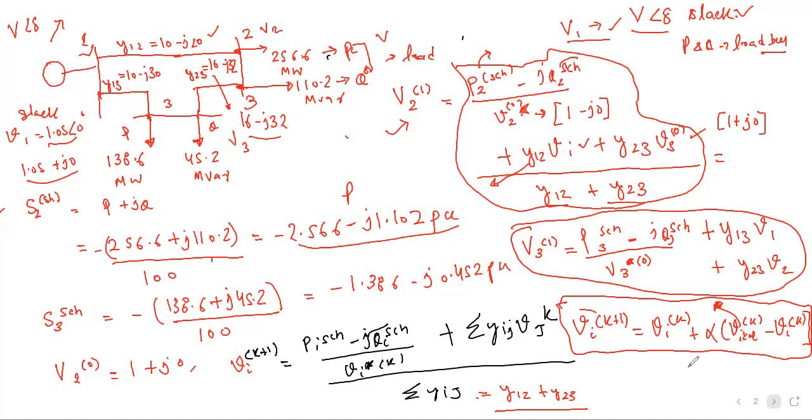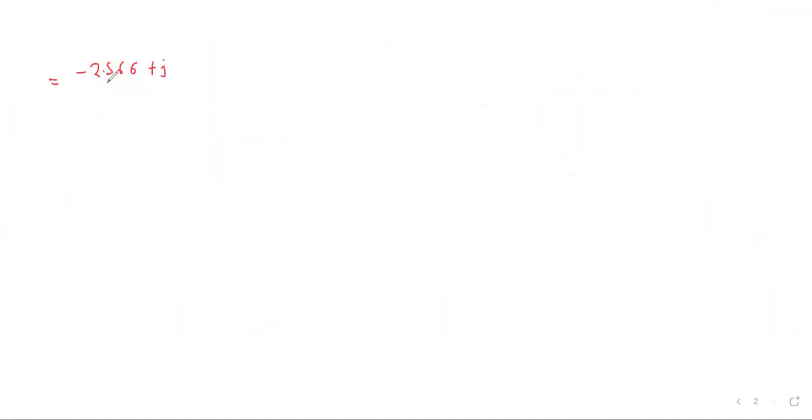I've written those, sir. Okay, so directly you will put in those equations minus 2.566, 1.102, and you put the other value 1 minus j0 plus, for that value, 10 minus j20. I'll show you for the other one, you practice V31, because it will take a lot of time.